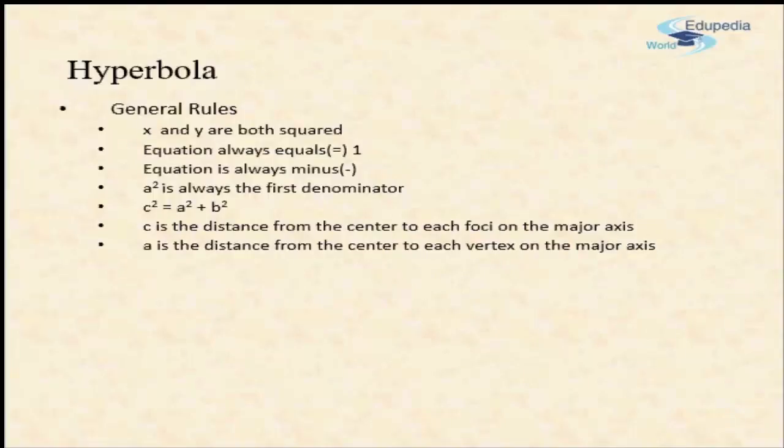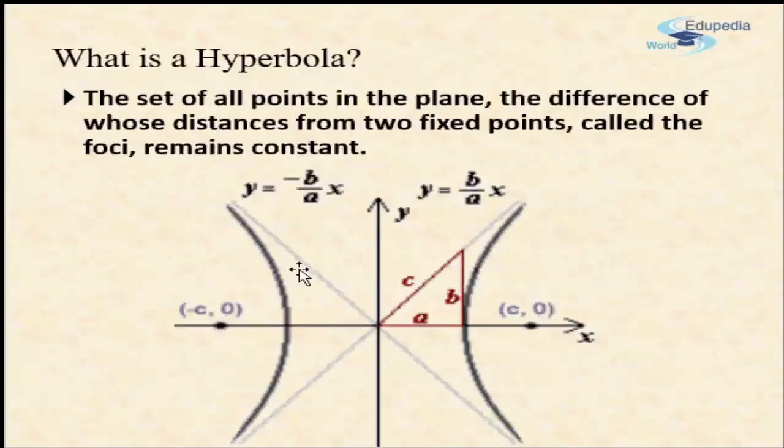And a is the distance from the center to each vertex on the major axis. So this is the vertex over here, this is the center, and this is the vertex. So you have this a over here, and you don't need to find c through this method, but of course we know what a is, we know what b is, so we can find out c through that.